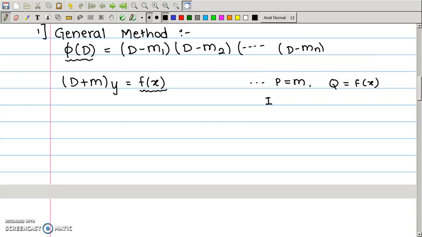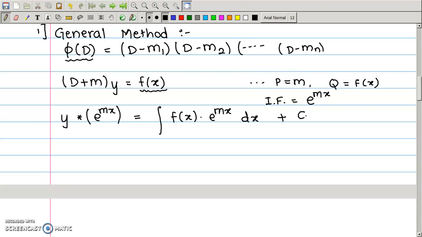Therefore, integrating factor will be e raised to m into x and general solution will be y into integrating factor equal to integration of q of x into integrating factor with respect to x plus c.